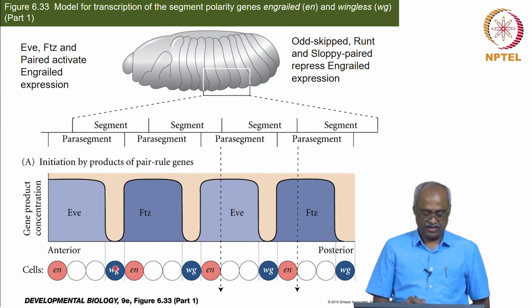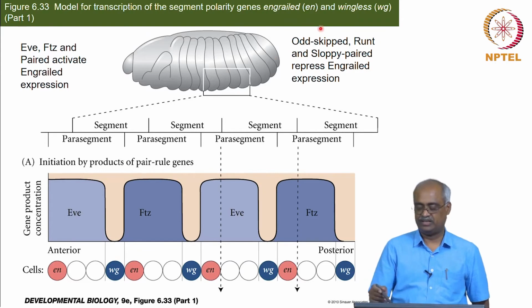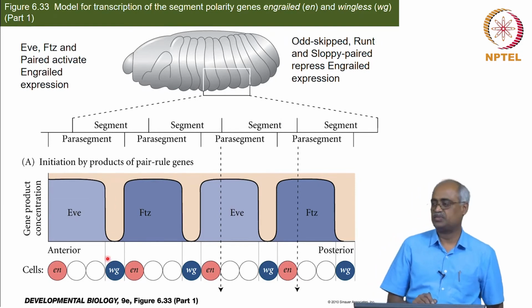And in an adjacent region where you have these genes very low and instead you have odd-skipped, we did not get into all the 8, right. The other ones are odd-skipped, runt or sloppy-paired. If they are high, they are going to repress engrailed, but in turn they express wingless.